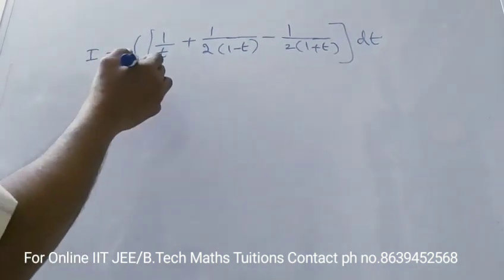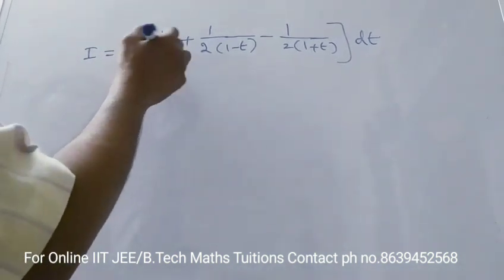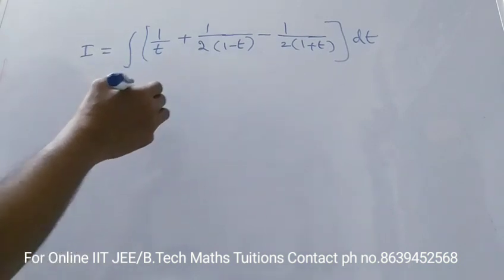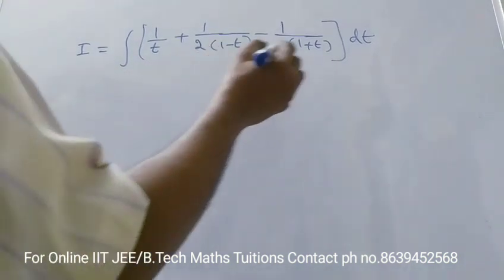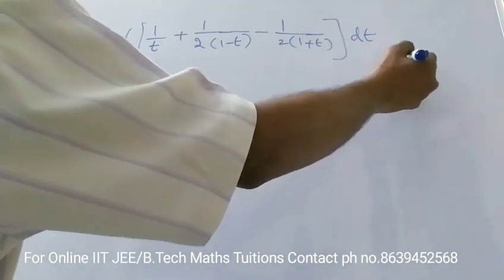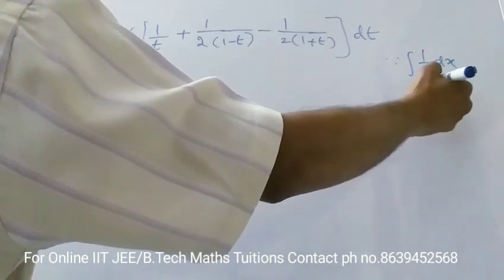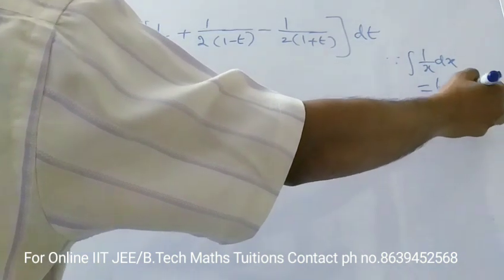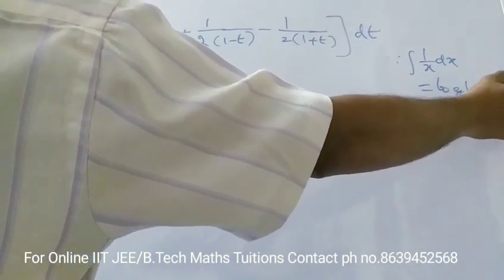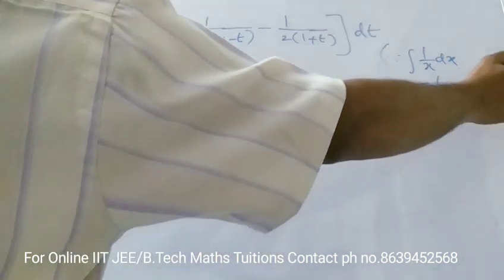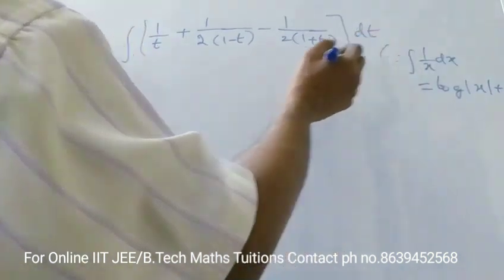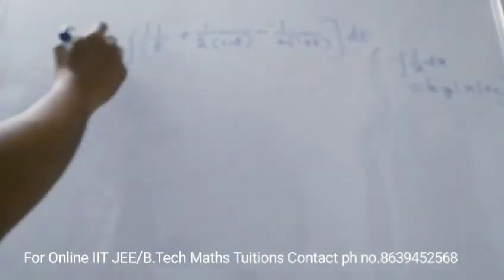So it seems to be logarithmic functions. Since integral of 1 by x dx is equal to log mod x plus c, according to this logarithmic concept, we get the values.